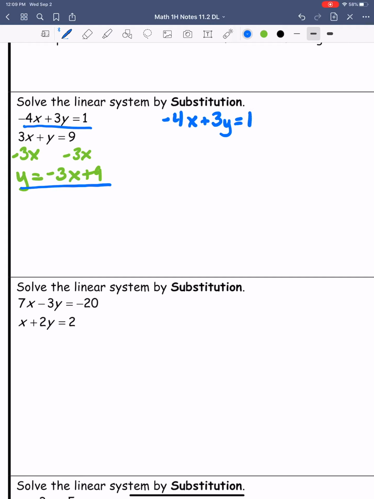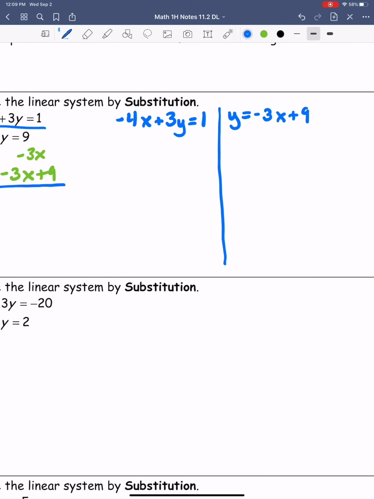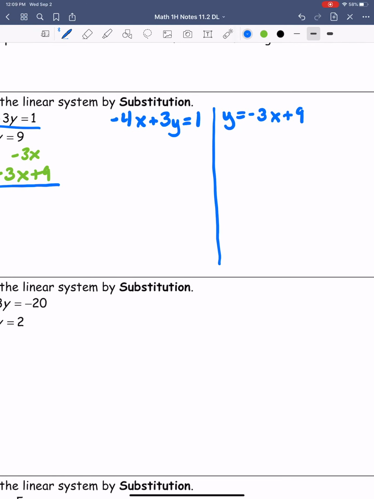Okay, and then I'm going to write the other equation that I just rewrote to get y by itself, which is y equals negative 3x plus 9.